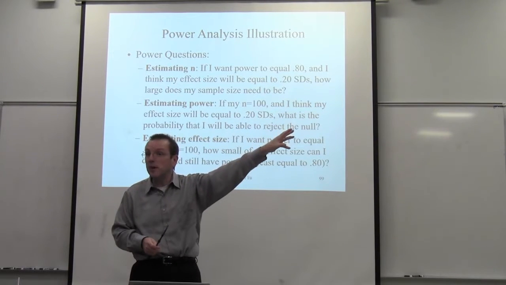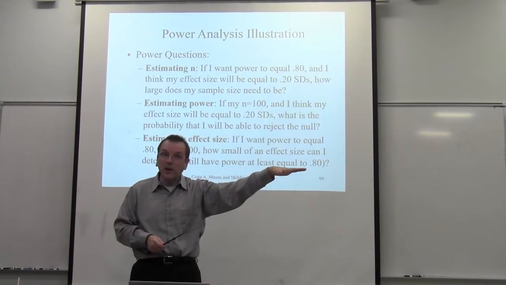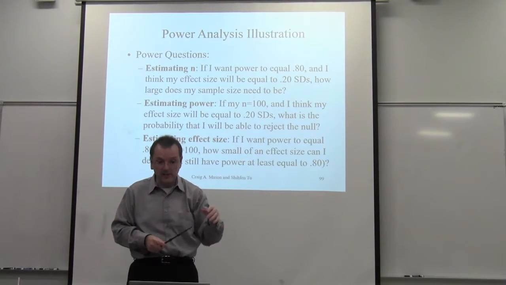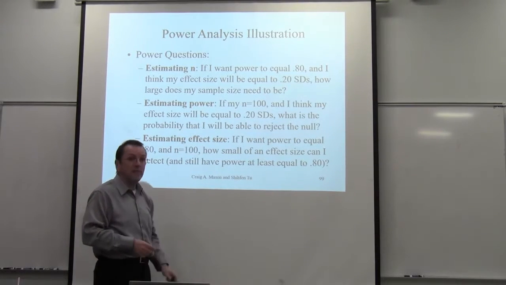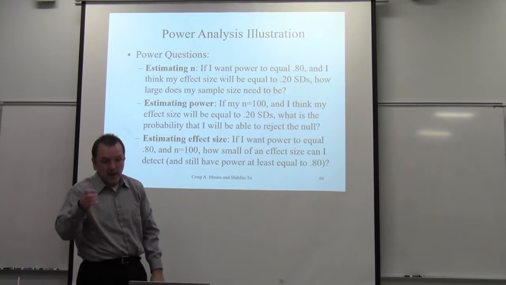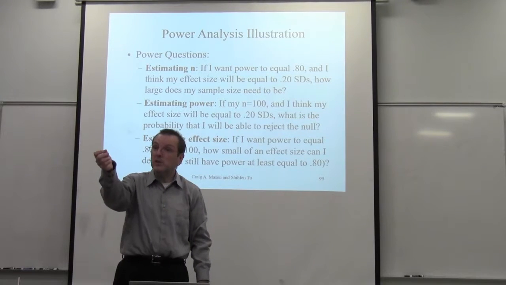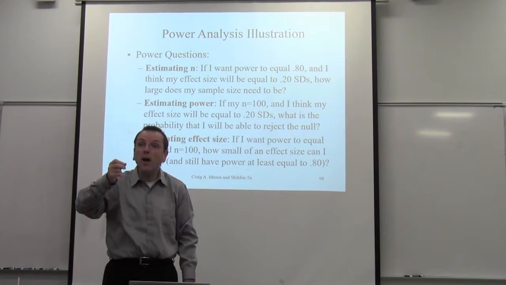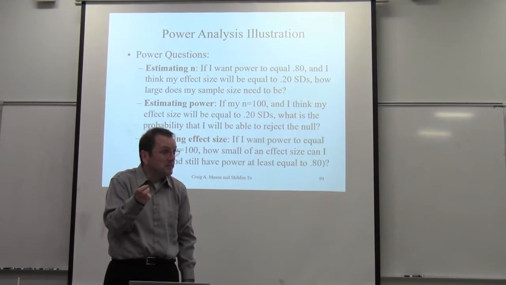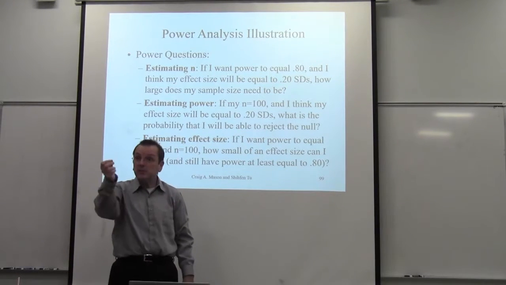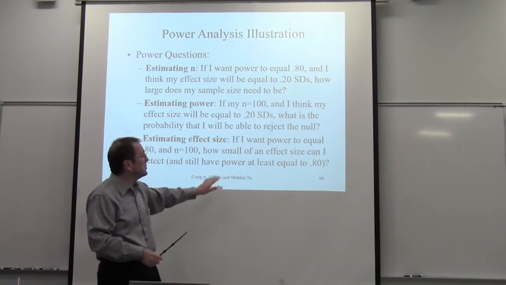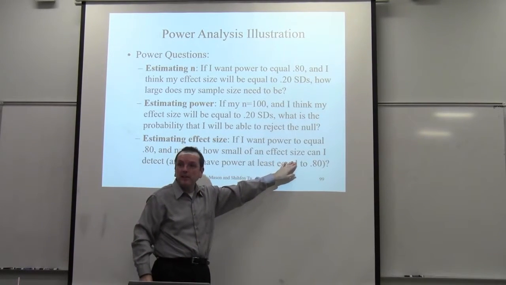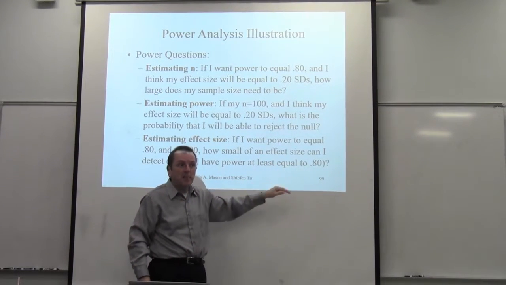This is what my sample size is going to be. Am I going to have adequate power given that sample size? Or you might be estimating the effect size. If I want my power to be 0.8, and I have a sample size of 100, how small of an effect can I detect and still have power at 0.8?